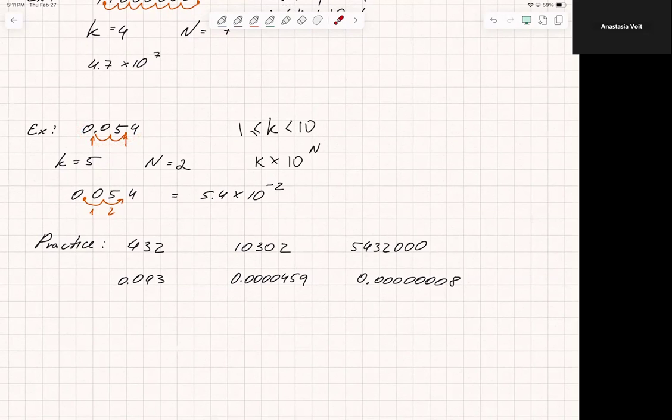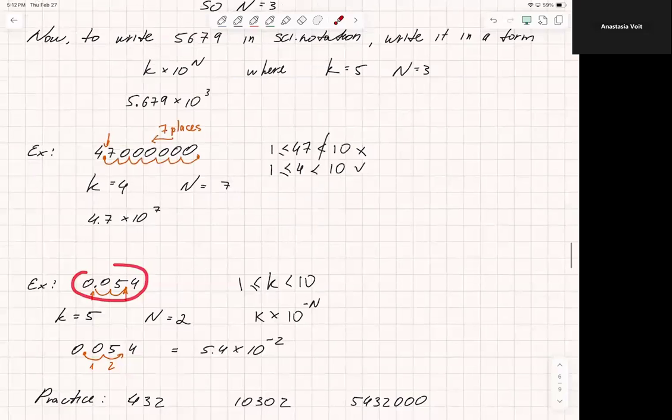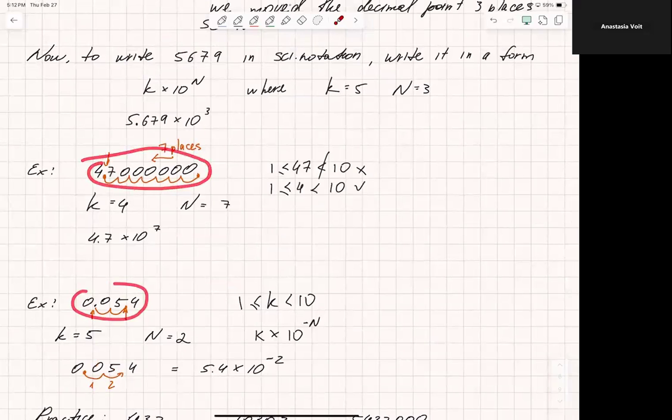That means that our n would have a negative sign in front of it. If the value is greater than 1, for example 47 million, the exponent will be positive.